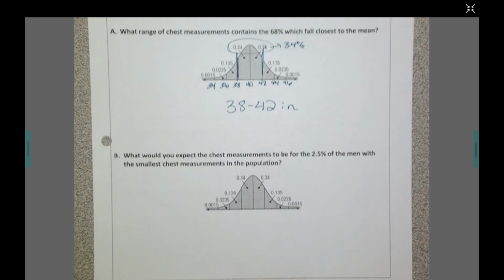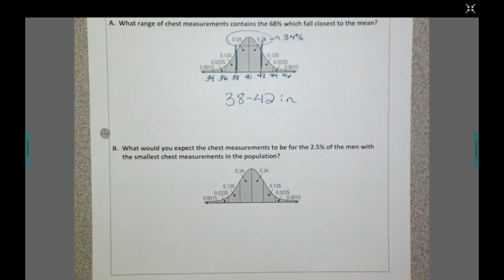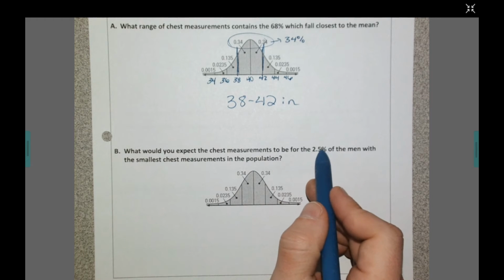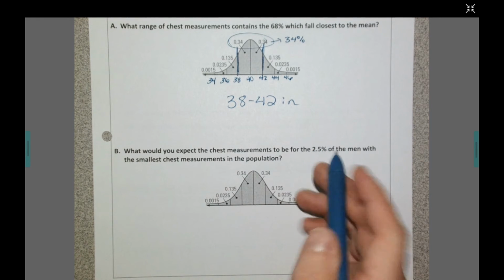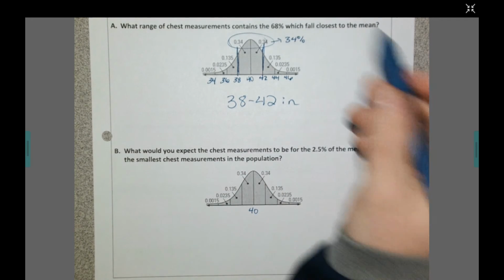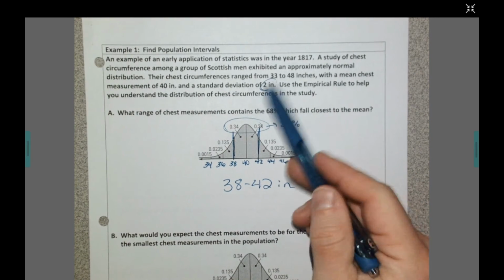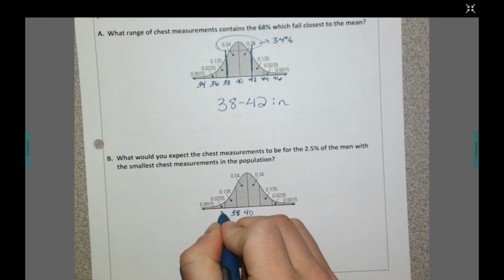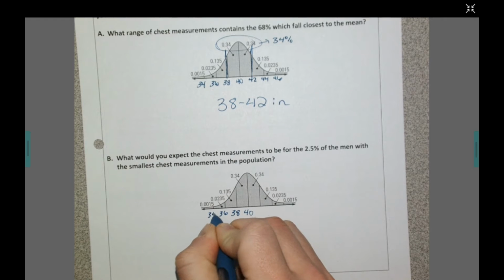For B, they want to know what you would expect the chest measurements to be for the smallest 2.5% of men. So again, you make your normal distribution. We start from the middle at 40. Each line to the left is still 2 inches down. It's the same scenario, so we count down by 2. I get 38, 36, 34.